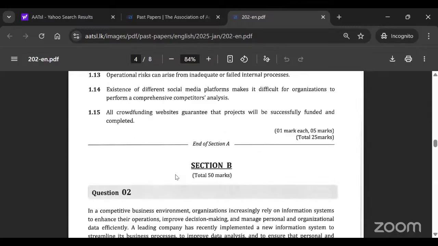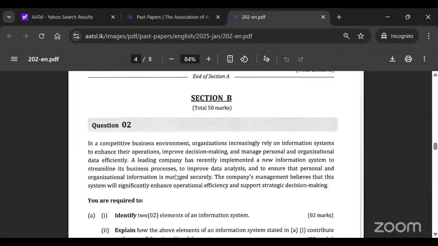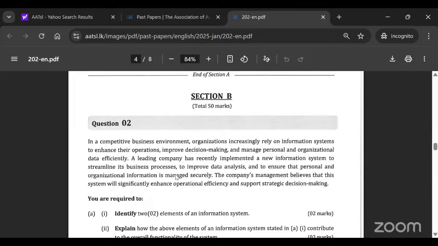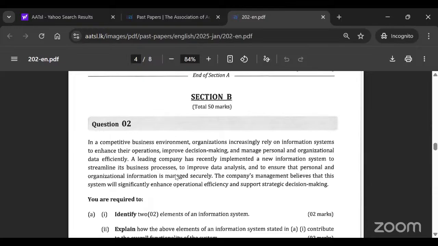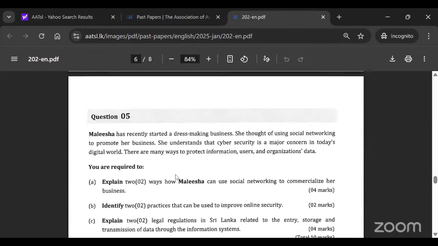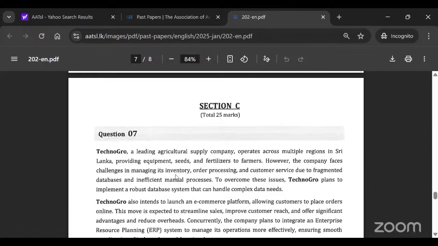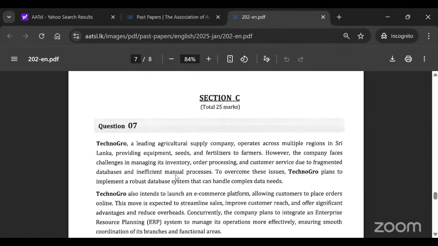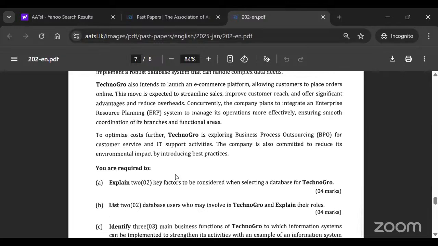Then that is over. Then section B includes another 5 questions, right? 10 marks are allocated for each question, and you have to answer all these questions. And the last section, section C, has a total of 25 marks allocated. That is a case study.